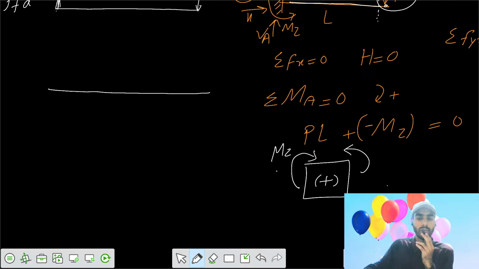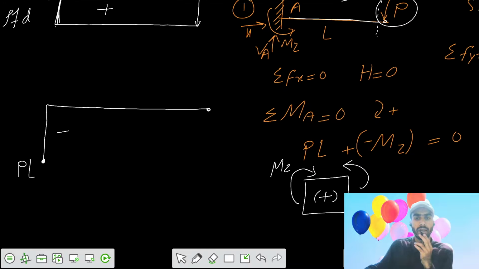But here the moment on the left side is anti-clockwise, so we have a negative value of bending moment. So your moment here is minus P into L. So we only have two critical points.